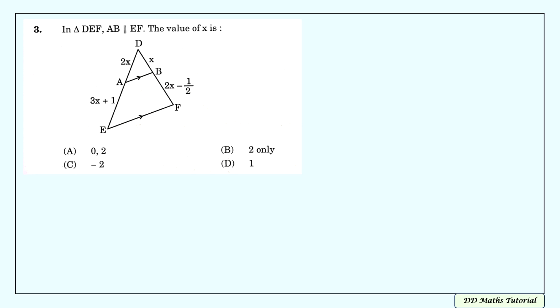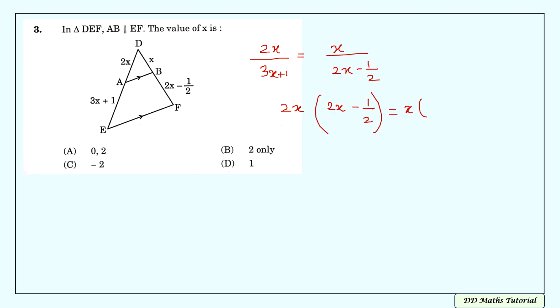So we will have it as 2x by (3x plus 1) is equal to x by (2x minus 1) by 2. When we are cross multiplying, we'll have it as 2x into (2x minus 1) by 2, which is equal to x into (3x plus 1).